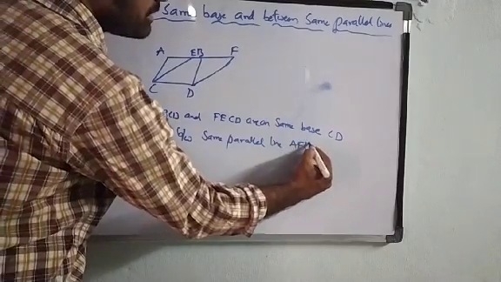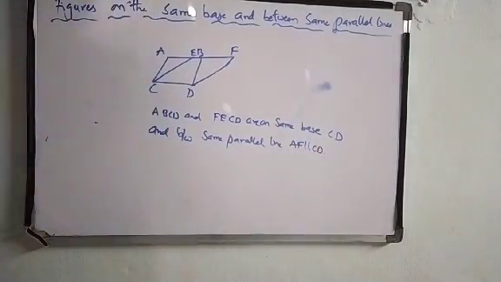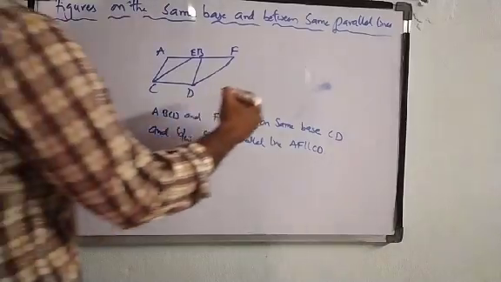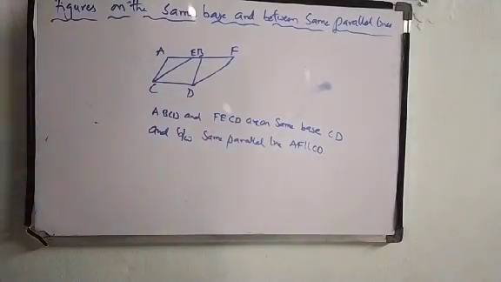AF is parallel to CD. So we can take another scenario with triangles as well.